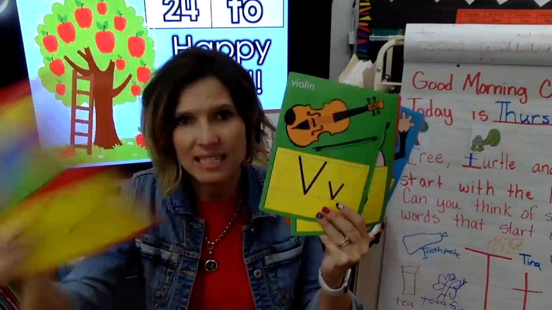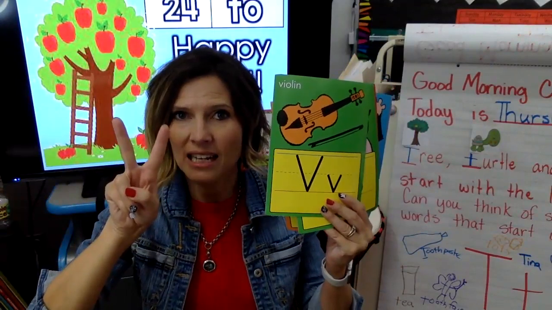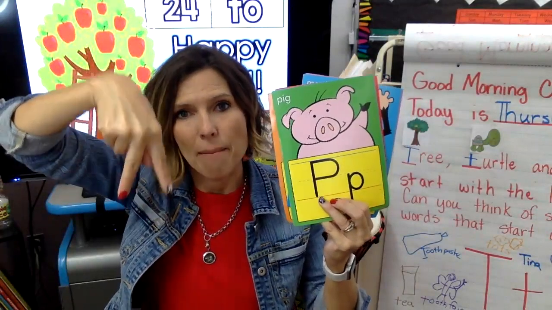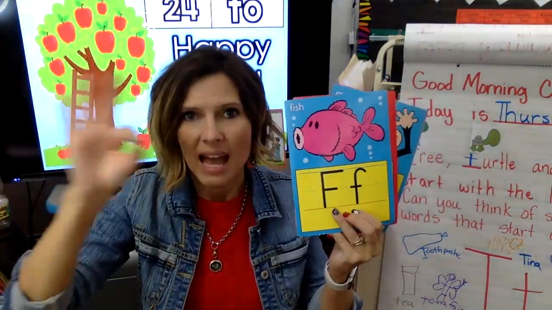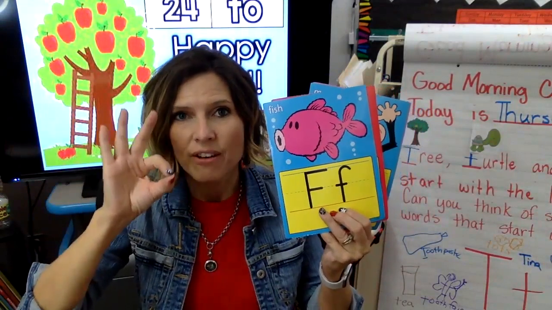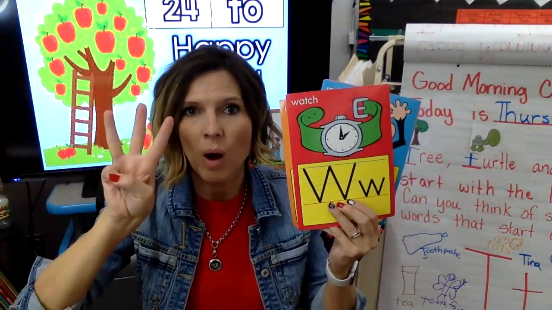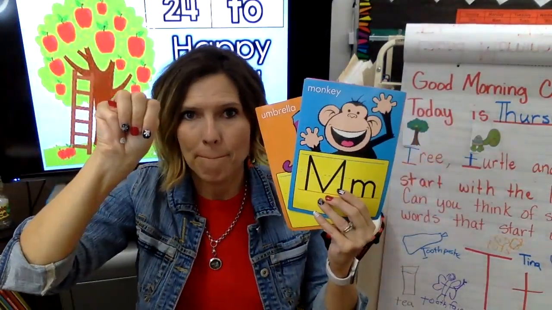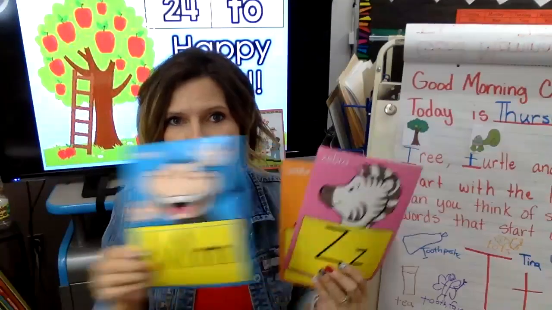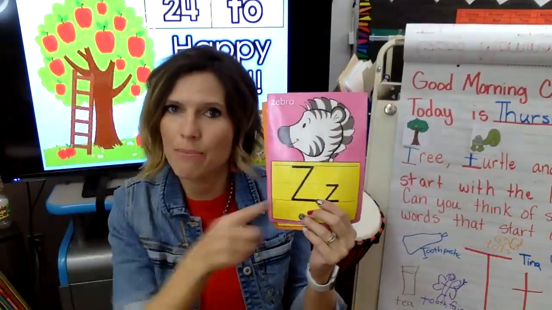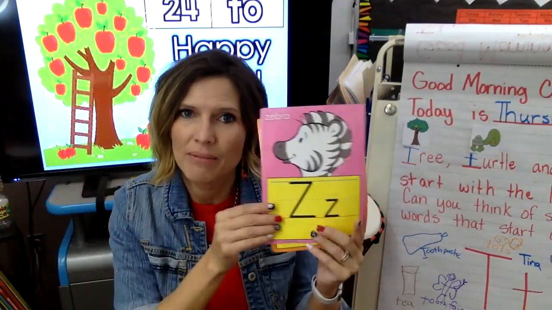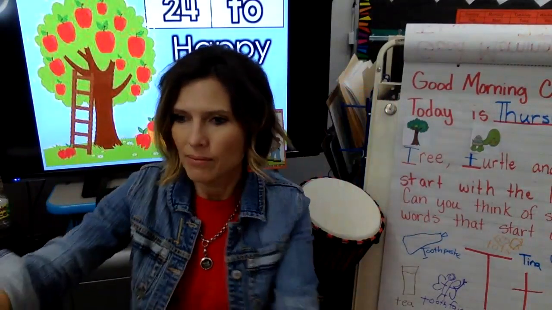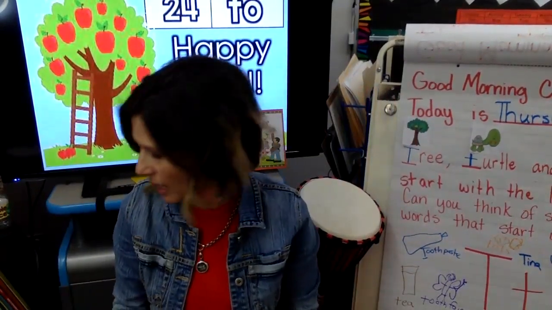V, violin. P, pig. F, fish. W, watch. M, monkey. Z, zebra. U, umbrella. Okay, those were our alphabet letters.